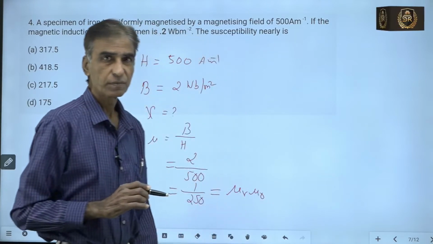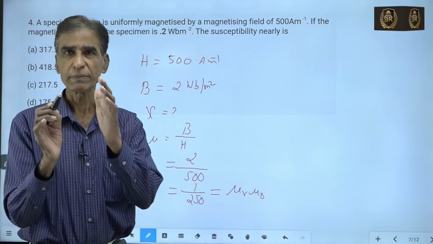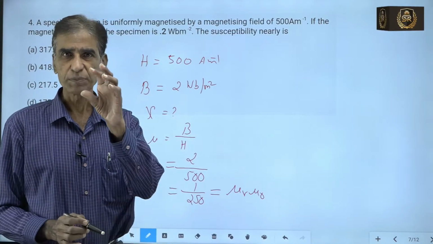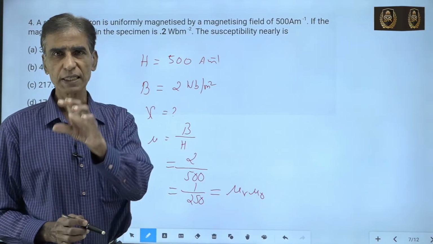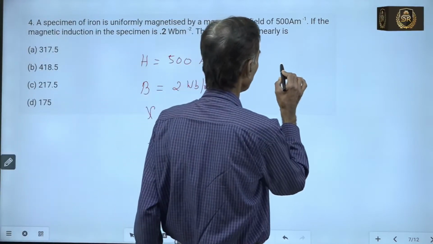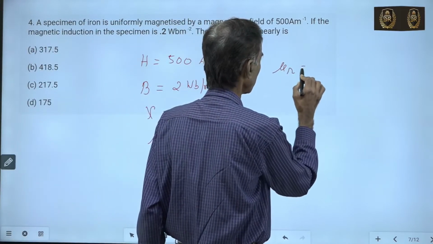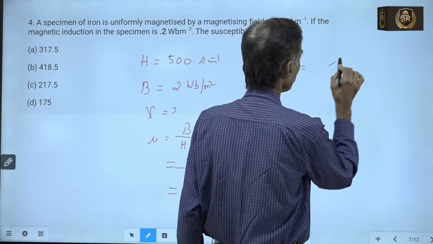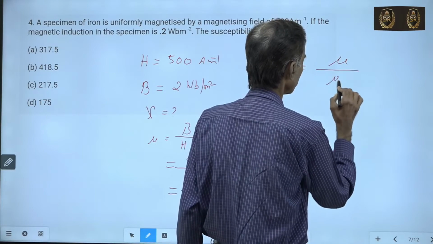Mu is the permeability of the medium, which is equal to absolute permeability into relative permeability. Therefore, from this we can find mu r. So, mu r is equal to mu by mu naught, right.